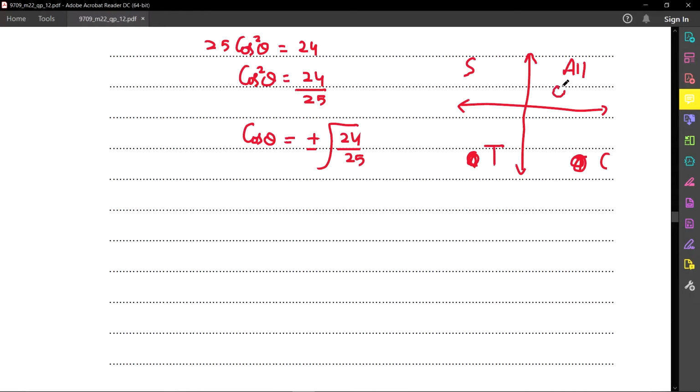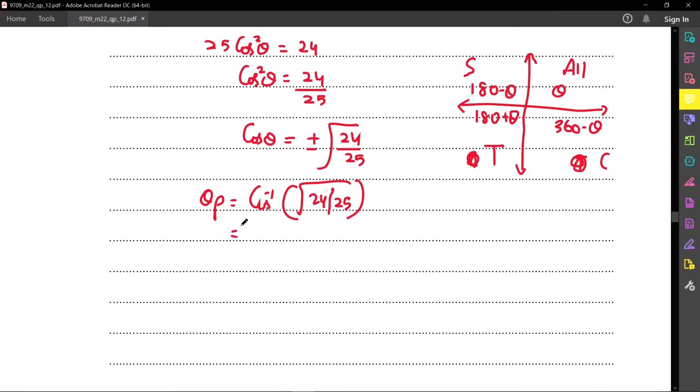Here the theta in the first quadrant, here it is 180 minus theta, and here it is 180 plus theta, and this is 360 minus theta. Okay, so let's find the principal value. So the principal value is cos inverse of root of 24 by 25, and see how much you get.